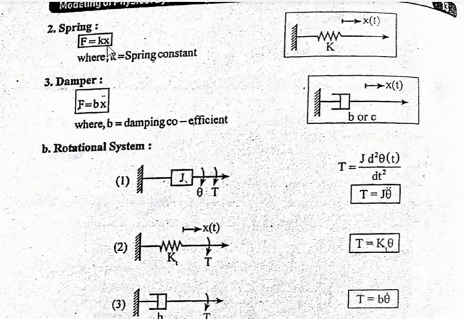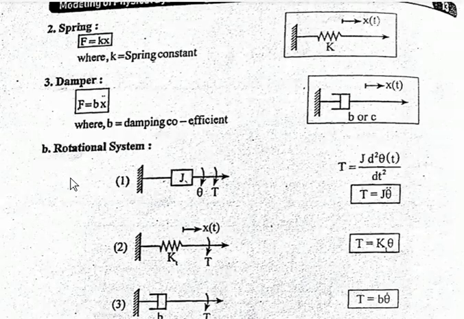These are the mathematical expressions, the mathematical modeling of a translation mechanical system. In that we are considering only three components: mass, spring and damper.